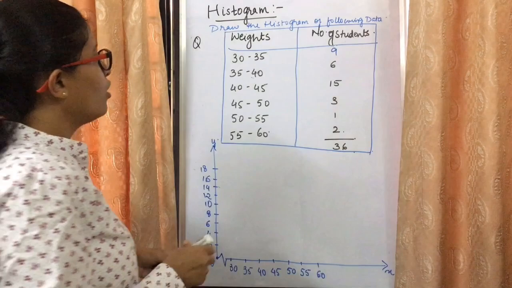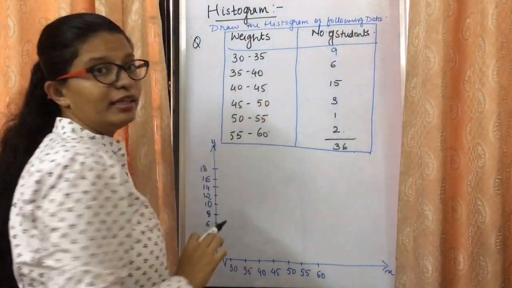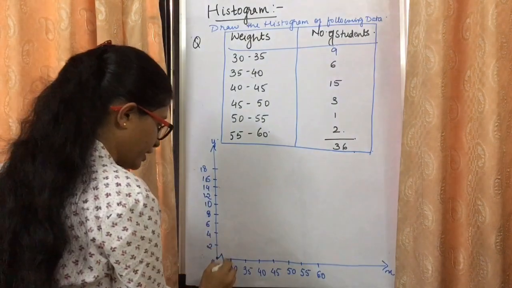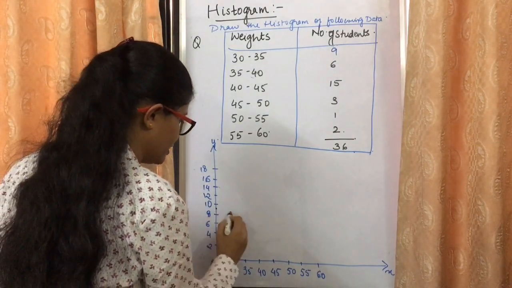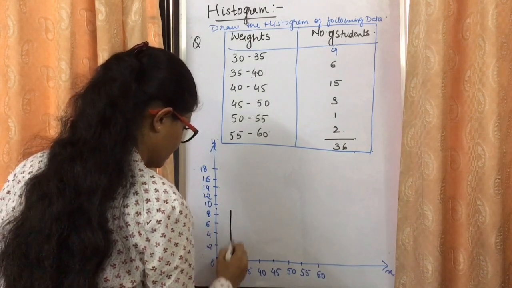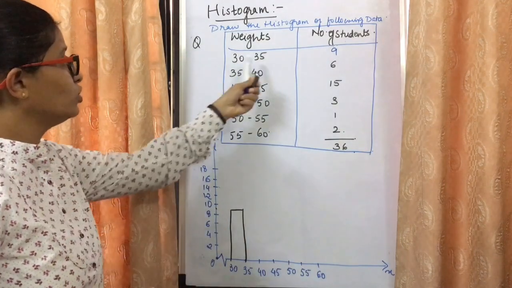Fine. Now the first thing is 9 students weigh between 30 to 35. 30 to 35 में कितने students weigh करते हैं? 9. तो it will be middle of this. So these many students which are weighing between 30 to 35.